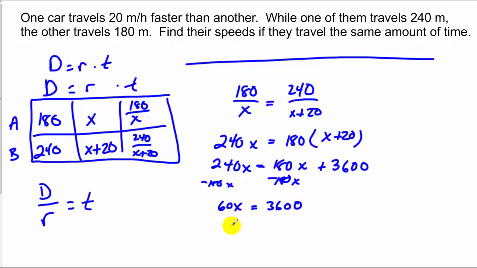Divide both sides by 60. And we know 3600 divided by 60 is just going to be 60. And that's my rate. So one guy's going 60 miles an hour, and the other guy's going 80 miles per hour.